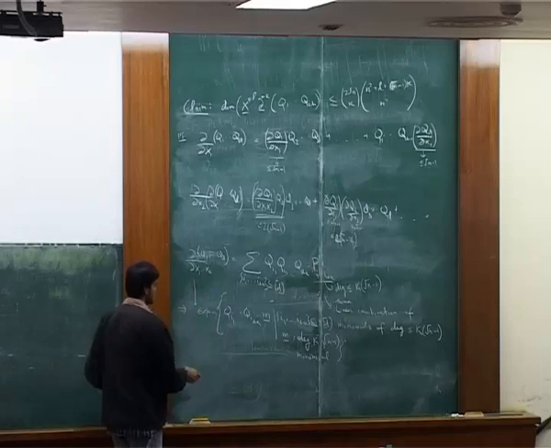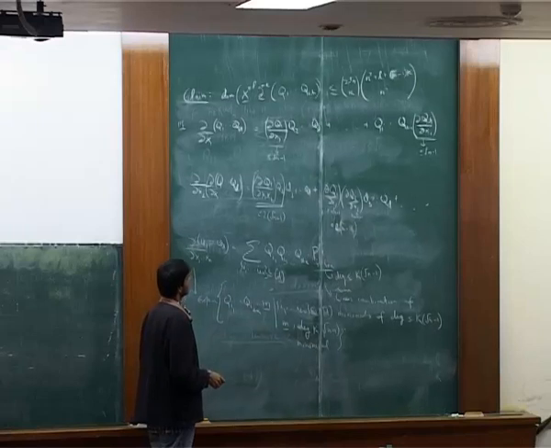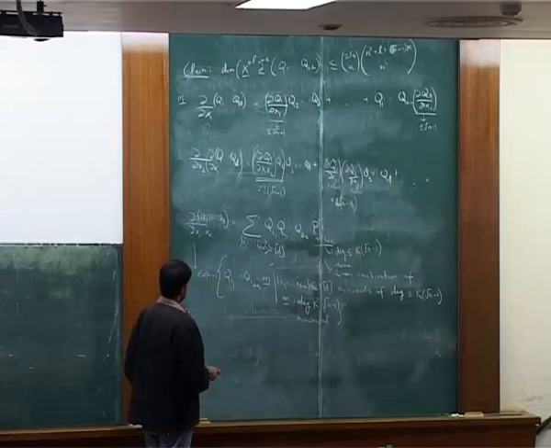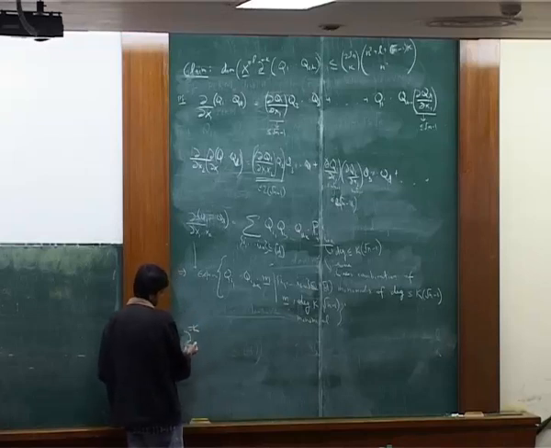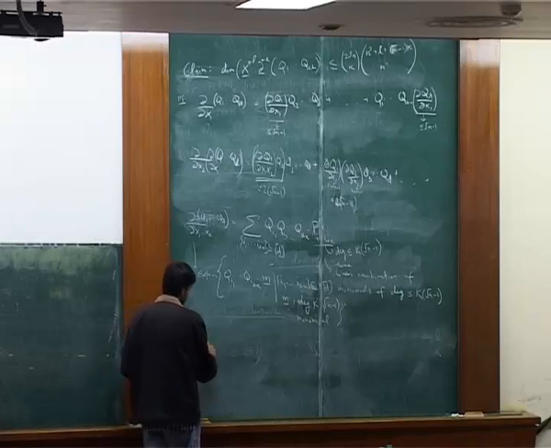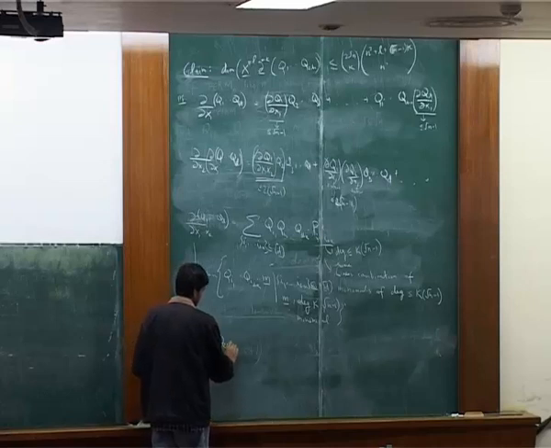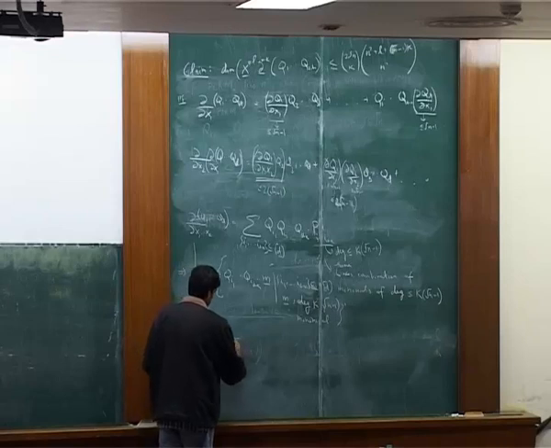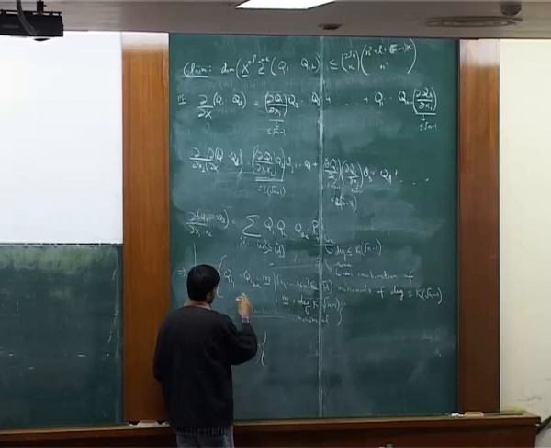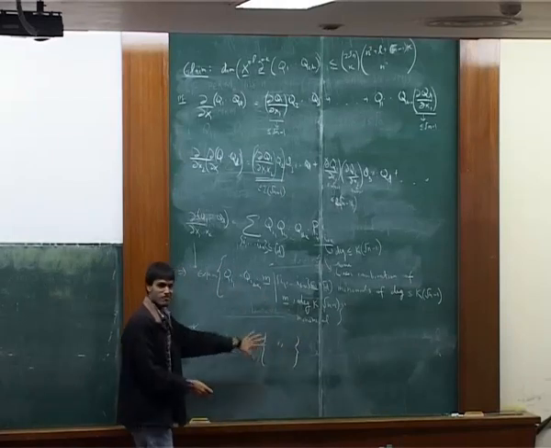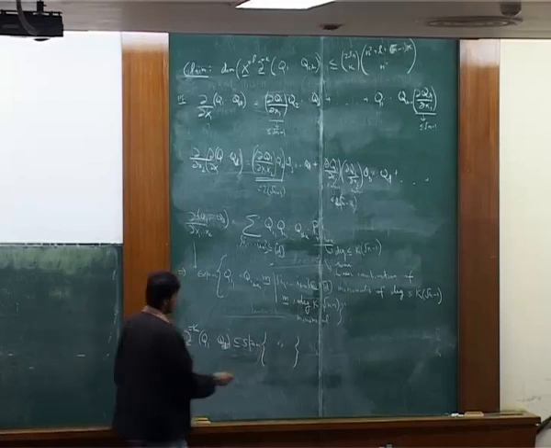So in general, what you have shown is that any polynomial in the set of the same form. Okay.